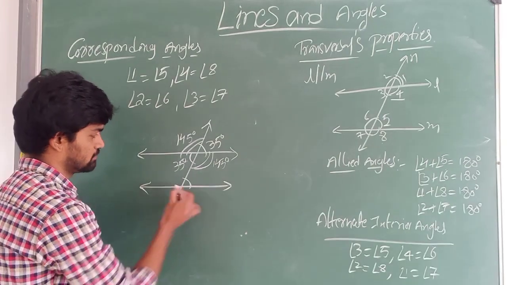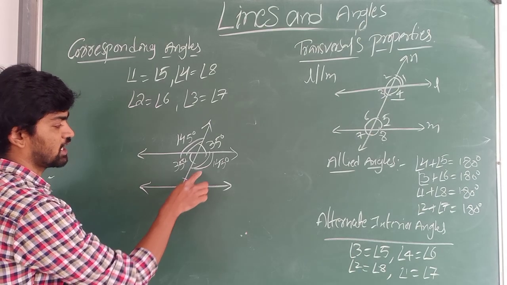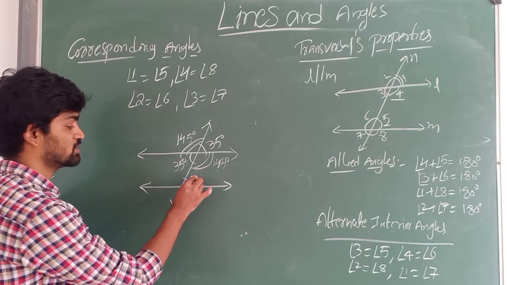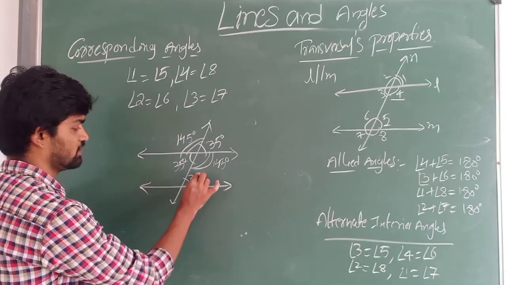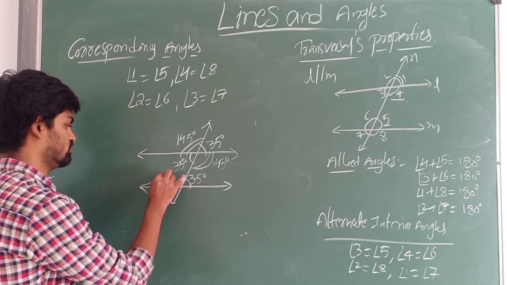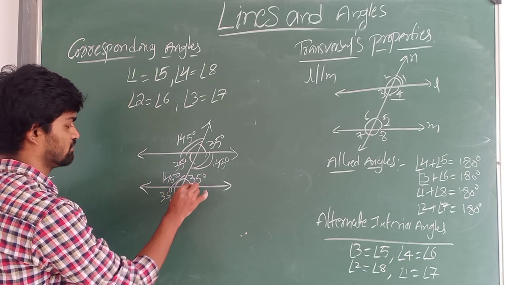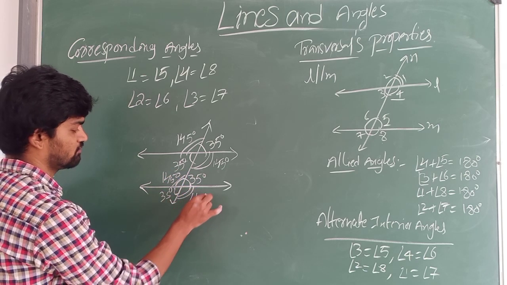Next, this angle. See, 145 and this one are allied angles. The sum of allied angles is 180 degrees. So this is 145, and here it will be 35. Here 145, again here 35 degrees, here 145.